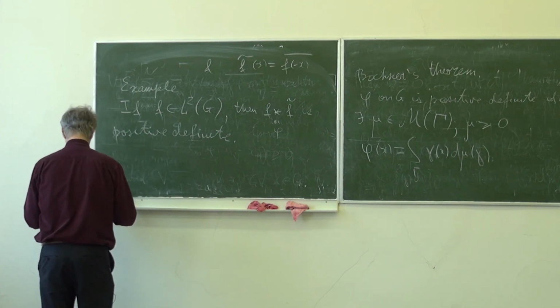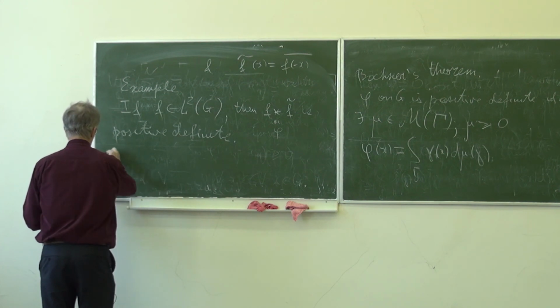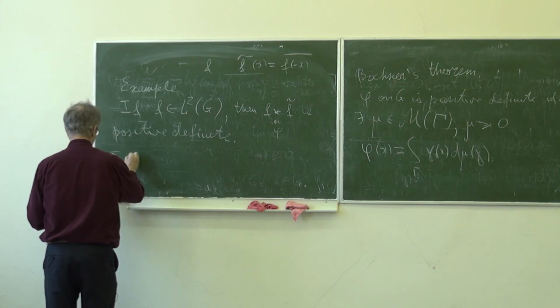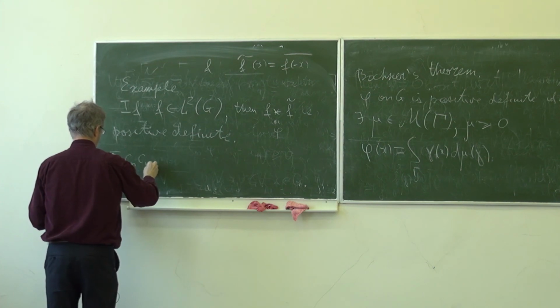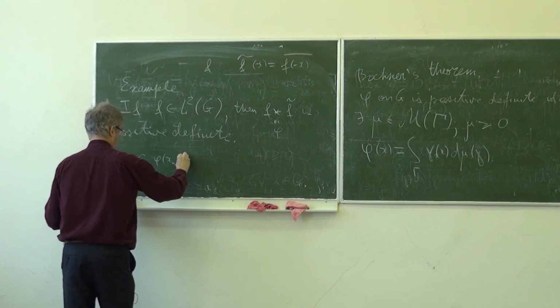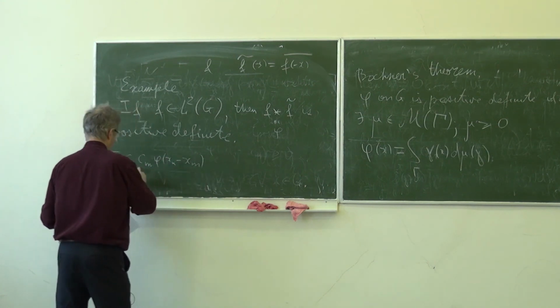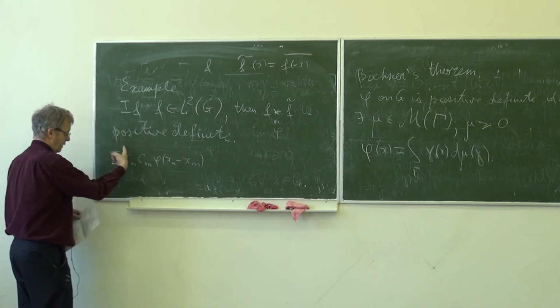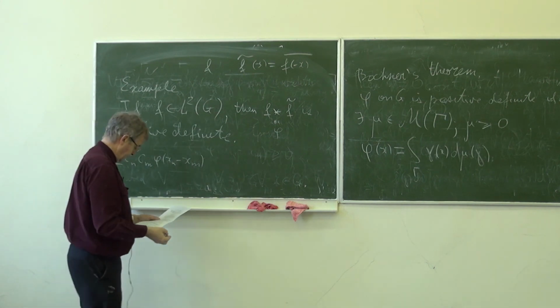Then the sum of Cn Cm phi of xn minus xm. This sum is finite. Simply, I don't write the limits. Finite sum.